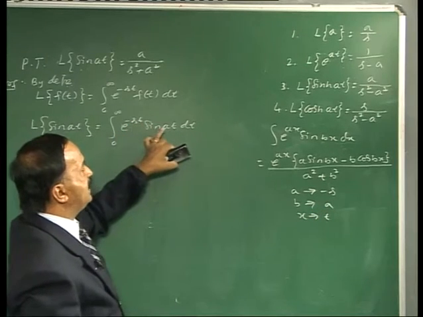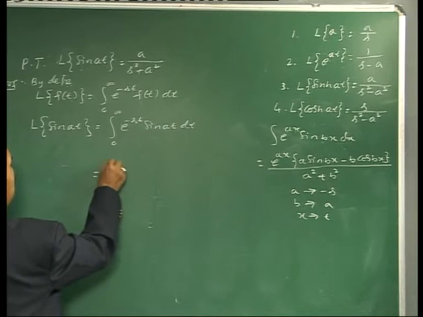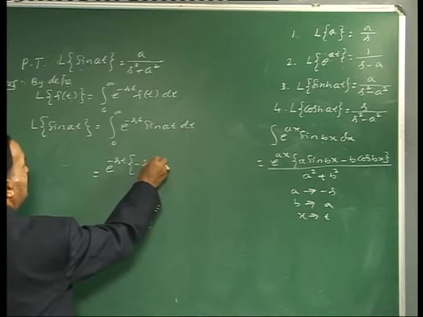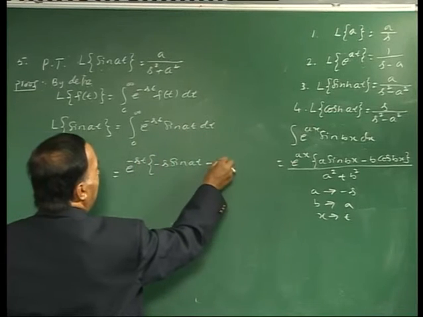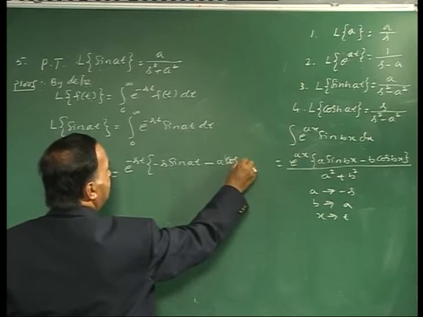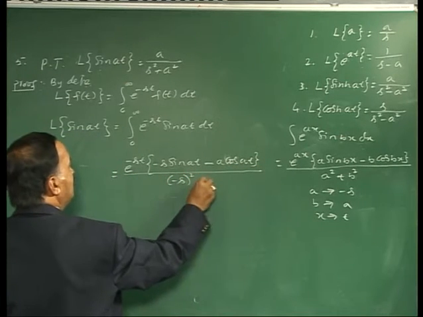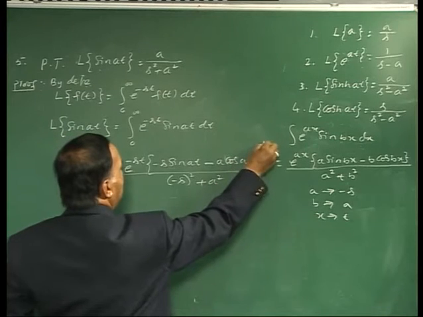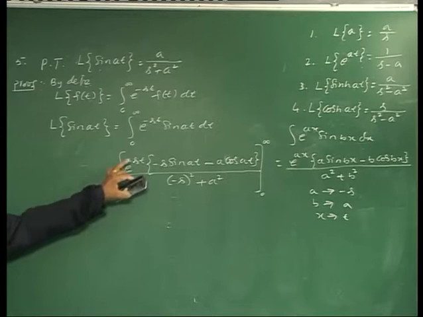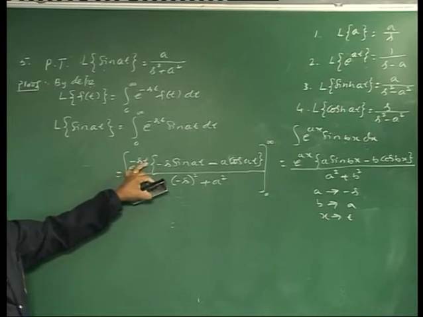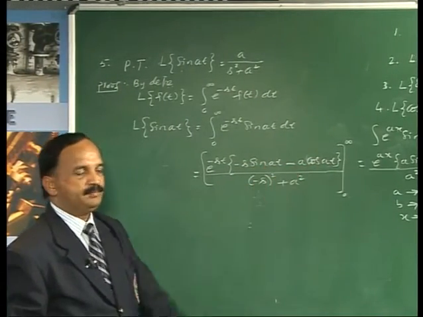So this is equal to e to the power of minus st into minus s into sin at minus a into cos at, divided by minus s whole square plus a square, from 0 to infinity.